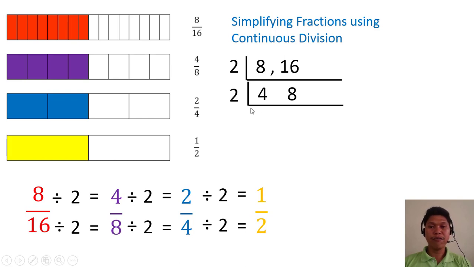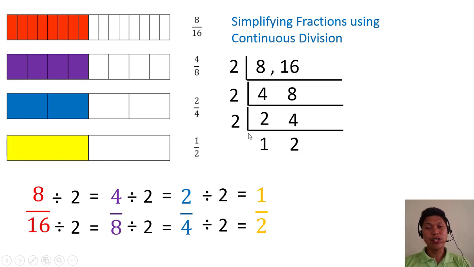So ganun pa rin, inverted division. And then 4 divided by 2 is 2 and 8 divided by 2 is 4. Ang 2 and 4 pwede pa rin ma-divide ng 2. Ang 2 divided by 2 is 1 and 4 divided by 2 is 2. And 1 and 2 cannot be divided by a common divisor except 1. So ibig sabihin, this is our final answer, which is 1/2.